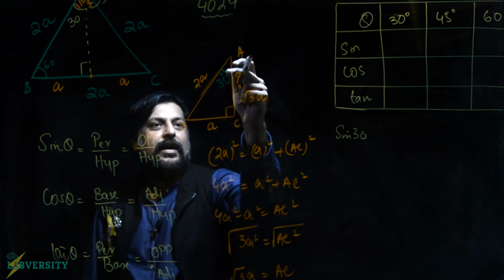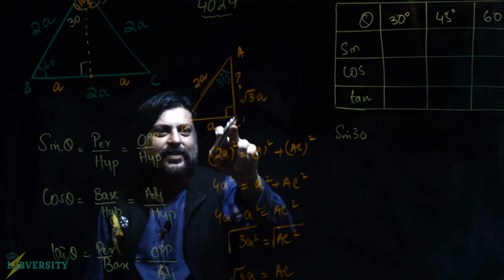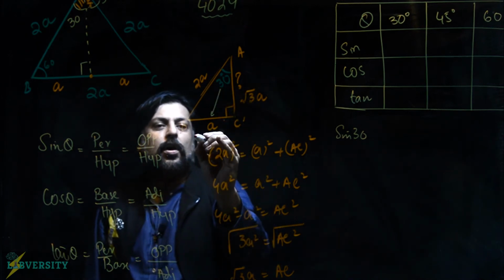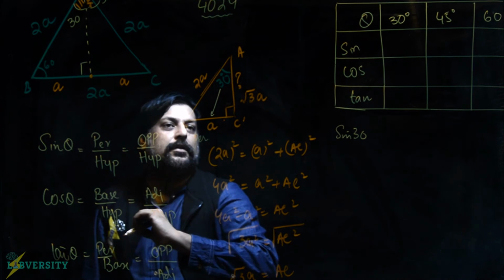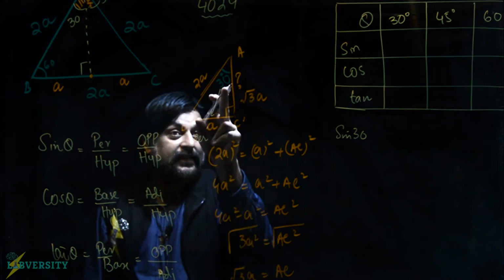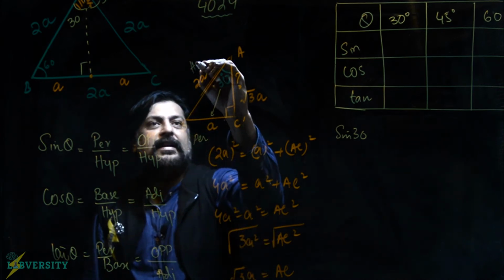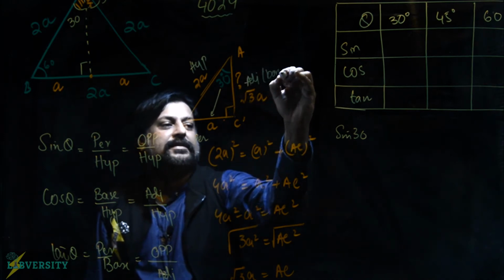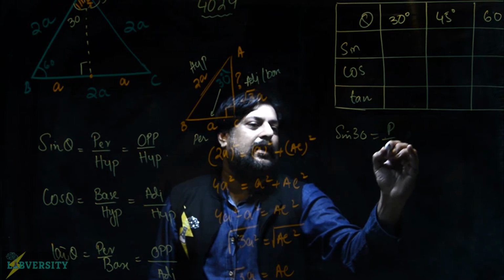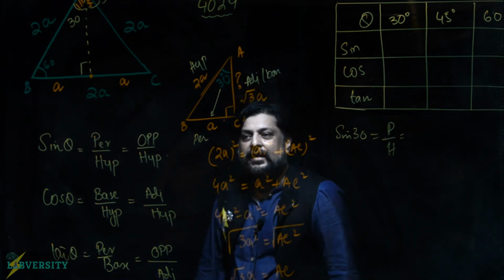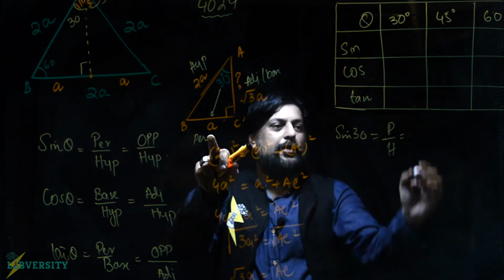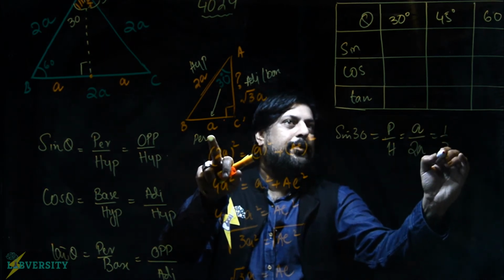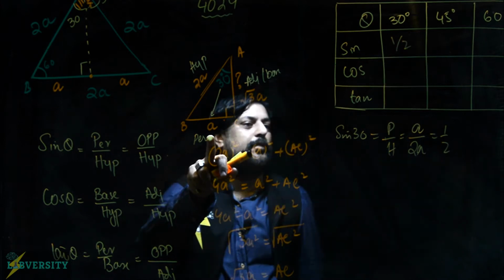In this triangle, for 30 degrees, this side is the perpendicular, this is the hypotenuse, and this is the adjacent or base. Sine 30 is perpendicular A upon hypotenuse 2A, which is 1 upon 2. Sine 30 is 1 upon 2.